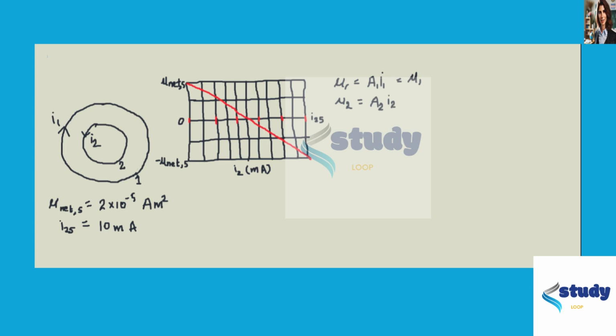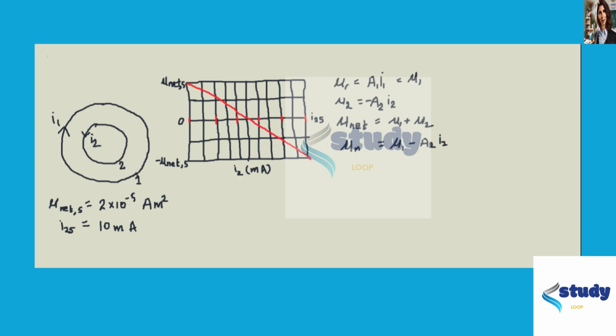Since the question says the currents are in opposite directions, let us consider that I2 is negative, because it is in the opposite direction. So let me write it as minus A2 I2. Now, what is mu net? The net magnetic moment is the sum of the magnetic moments, so this is equal to mu1 minus A2 I2.